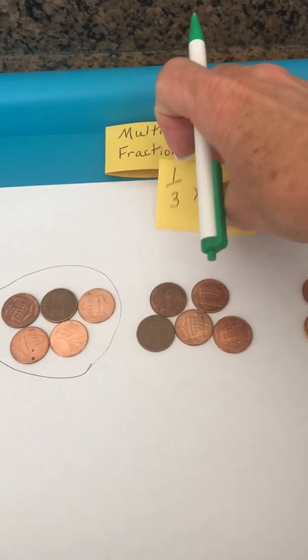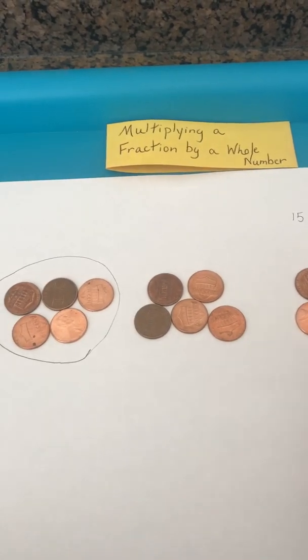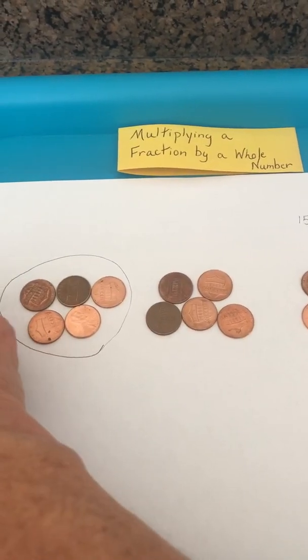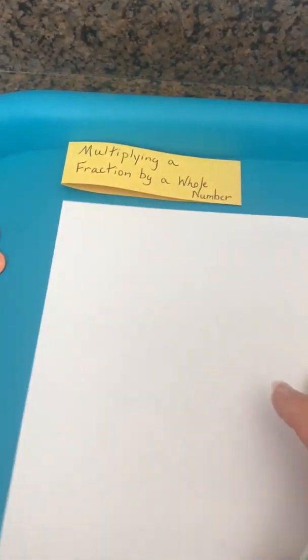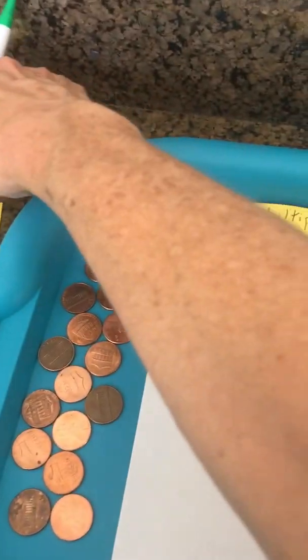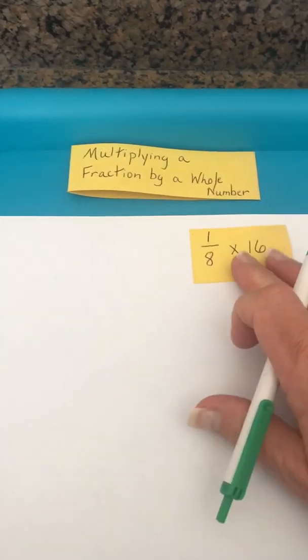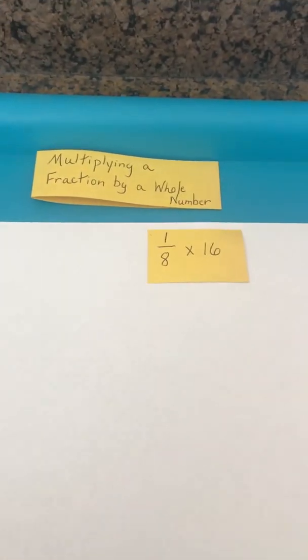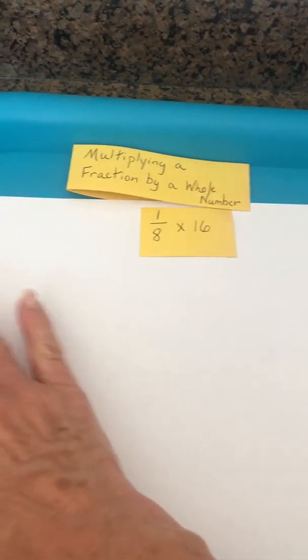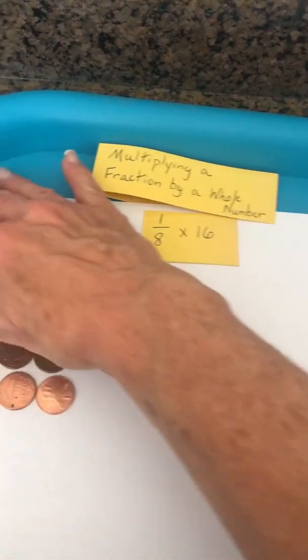All right, let's change our problem and look now at this problem. Let's now take, and we now have 16 cookies. I'm once again going to get my pennies.